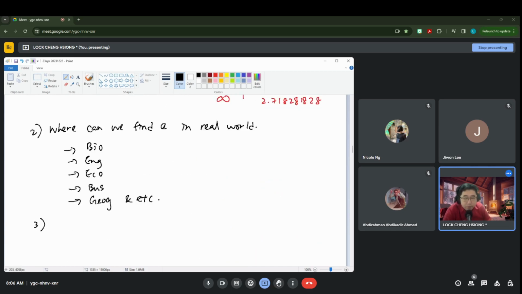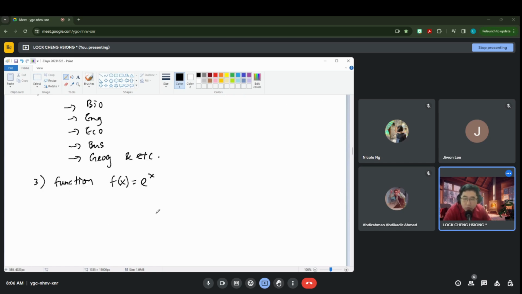Number 3, the function e to the x. I better write it as f(x) equals e to the x.